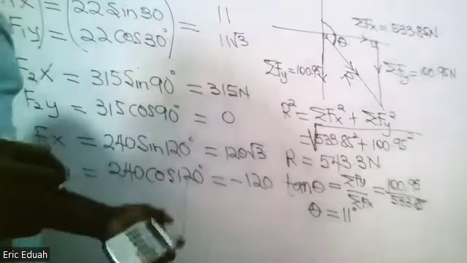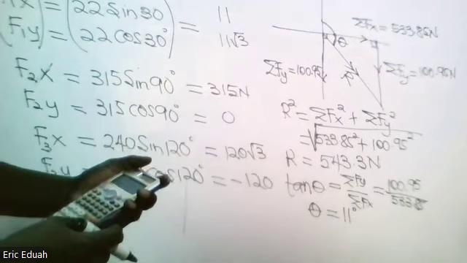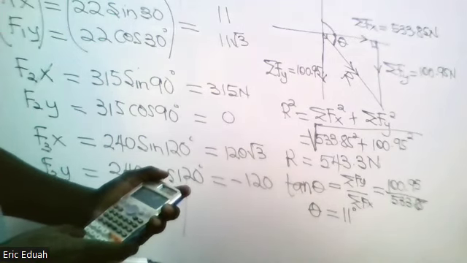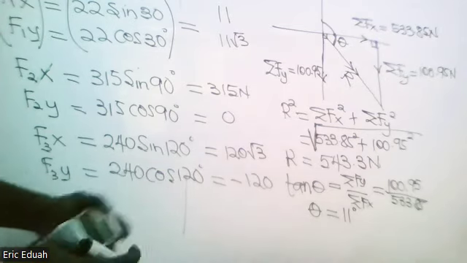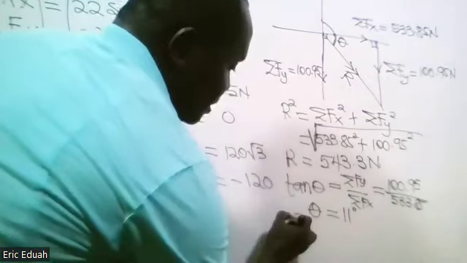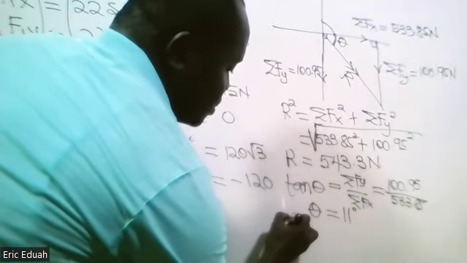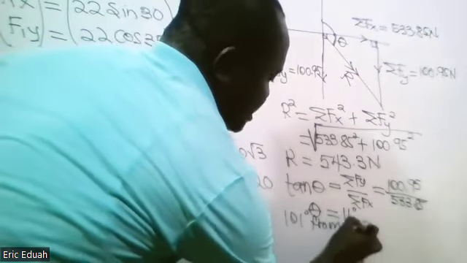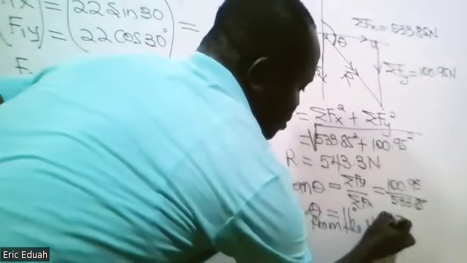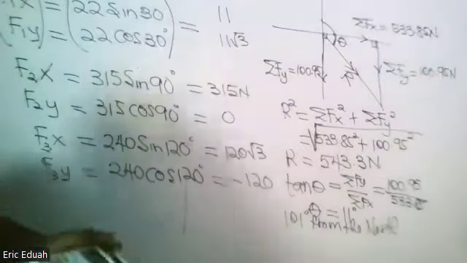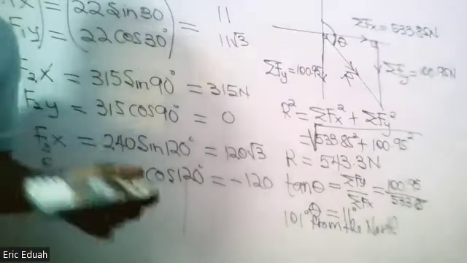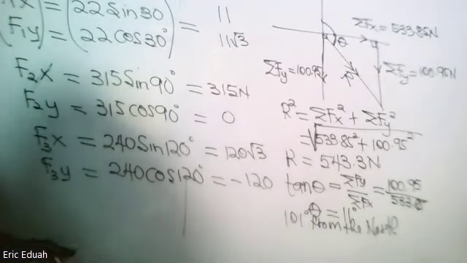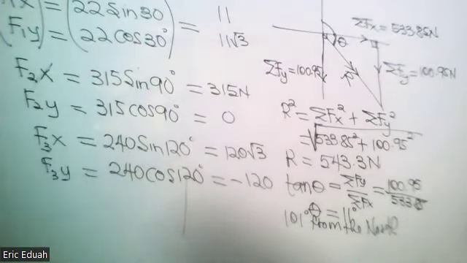Therefore, the angle from the north will be 90 plus 11, which is 101. So the direction of the resultant is 101 degrees from the north. Even if you don't write from the north, everybody sees it because our angular measurement is always taken from the north. That's it. Now, the equilibrant.